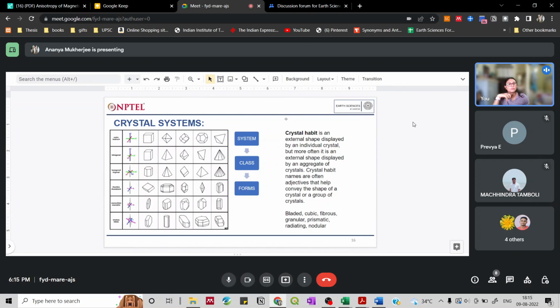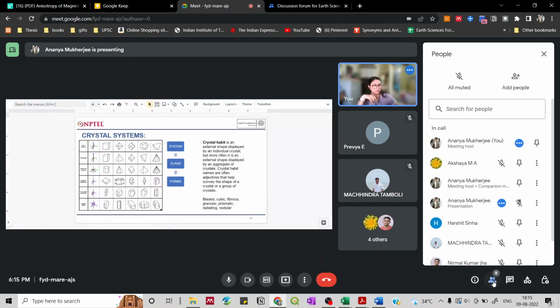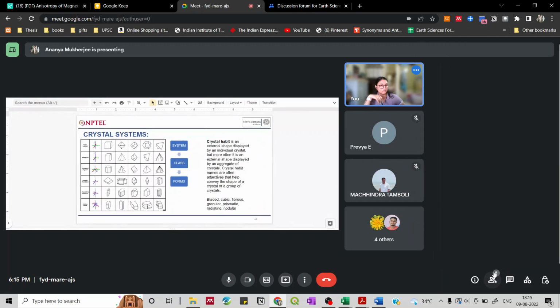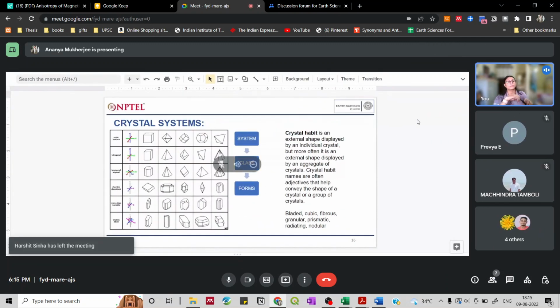Next, one of the important things is crystal habit. Now, crystal habit is actually the shape. It's the aggregate that you see. Okay. So the aggregate of all the crystals.